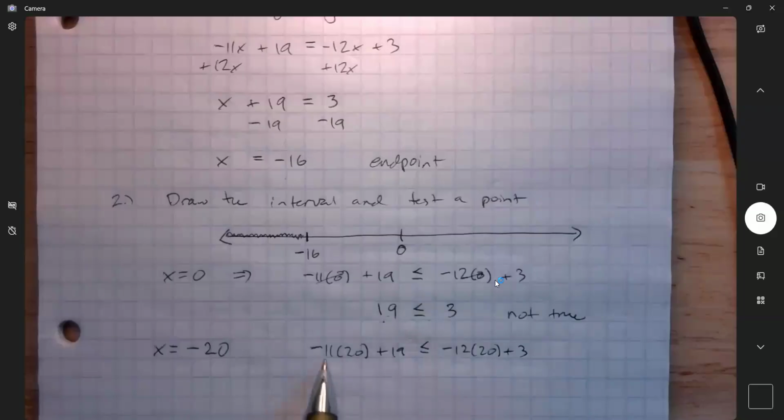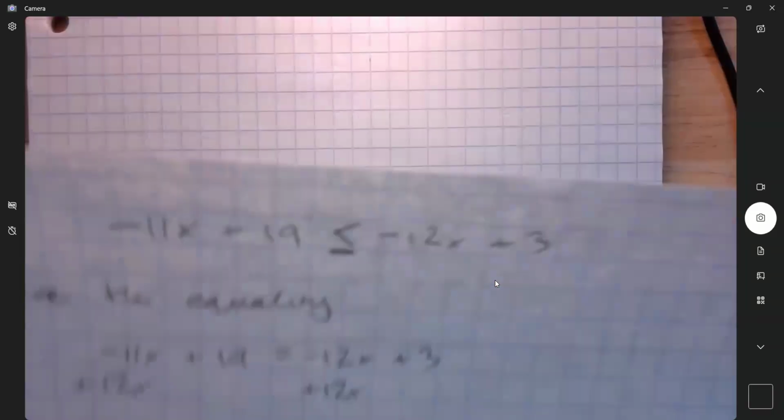Okay. Negative 11 times 20 is, let's see, negative 220 plus 19. And negative 12 times 20 is negative 240 plus 3. It's fine if you're not going to do this calculation in your head. That's what calculators are for. I just don't have a calculator super handy right now.